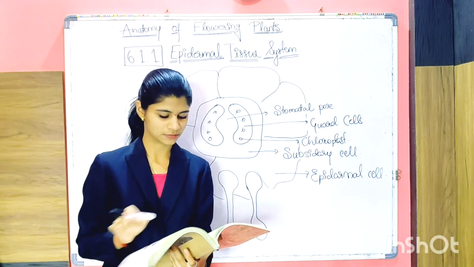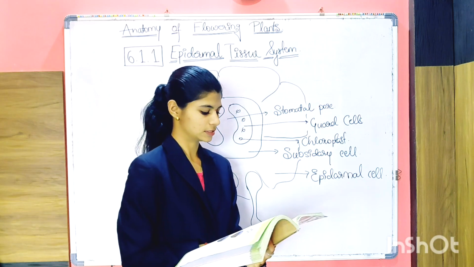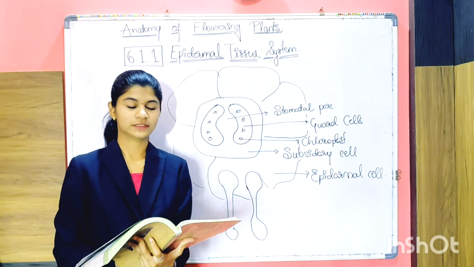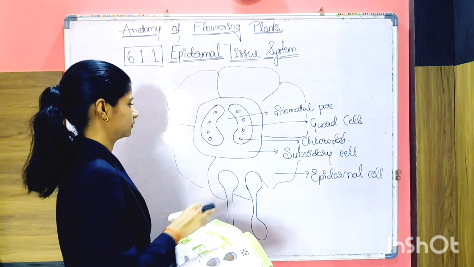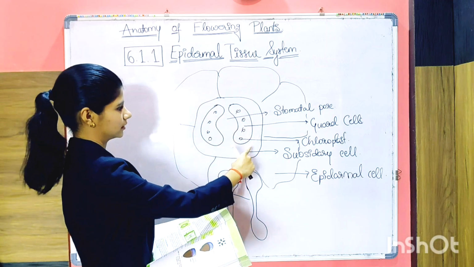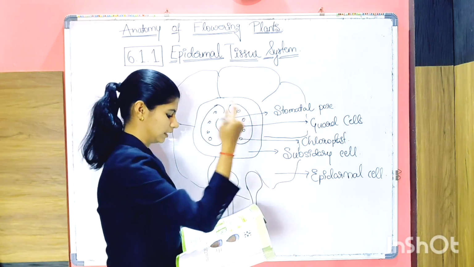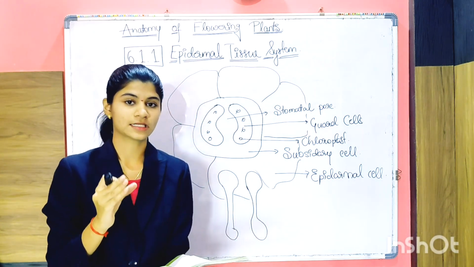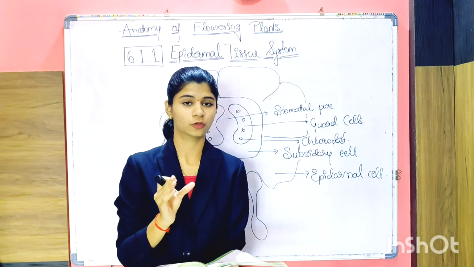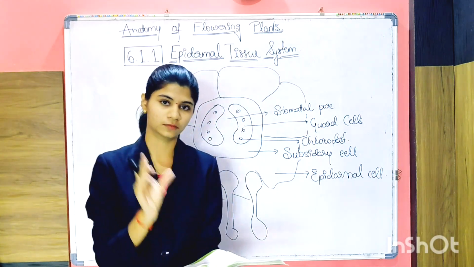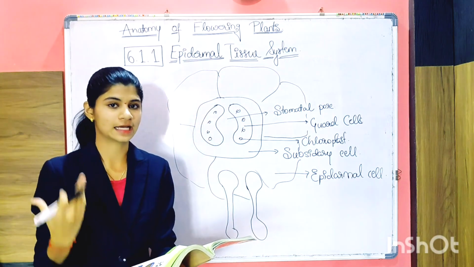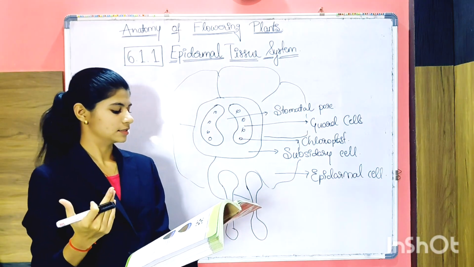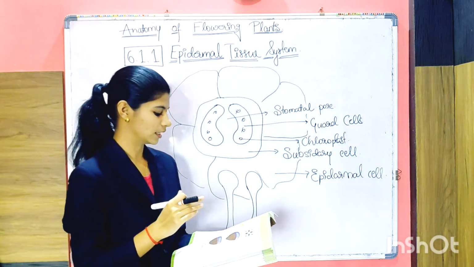Now let us see what subsidiary cells are. Sometimes a few epidermal cells in the vicinity of the guard cells become specialized in their shape and size, and are known as subsidiary cells. This layer just around the guard cells is the subsidiary cell. Its shape and size depend on the guard cell: if the guard cell is small, the subsidiary cell will also be small; if it is big, the subsidiary cell also increases in size. The guard cells and the surrounding subsidiary cells together are known as the stomatal apparatus.